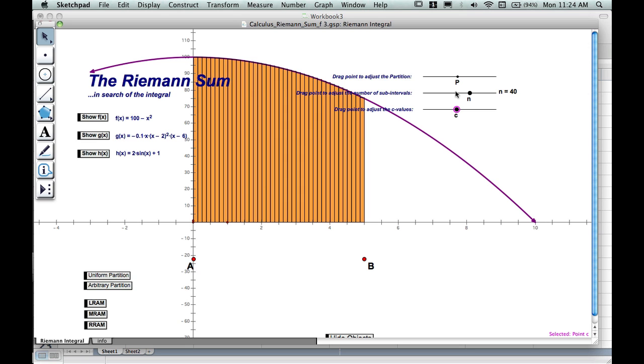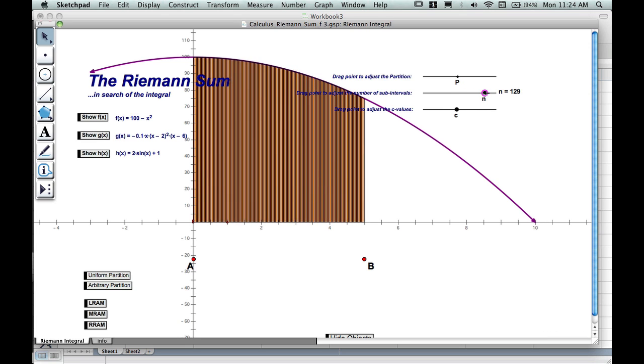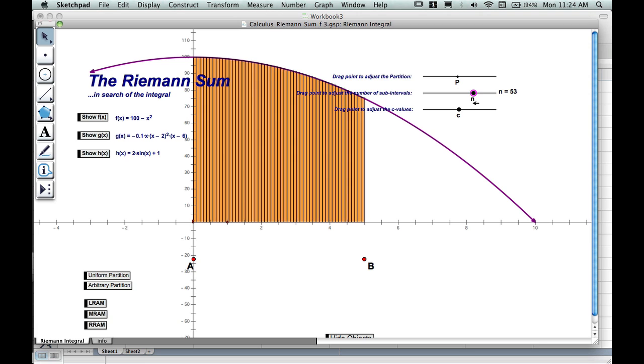They are on such small subintervals. And if we increase this quite a lot, we would see that we can't visually detect any real difference. And of course we're interested in talking about this for a very large number of rectangles.